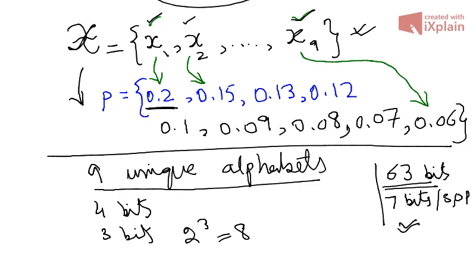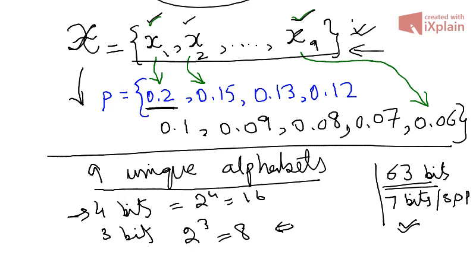With 4 bits you can represent 2 raised to the power 4, which is 16 unique alphabets. Because we cannot use 3 bits when we have a total of 9 unique alphabets, we have to add one more bit, 4 bits of memory. So with one nibble we can represent each of these unique alphabets.